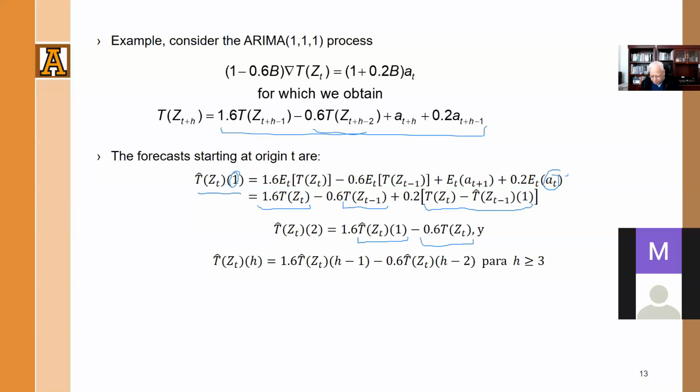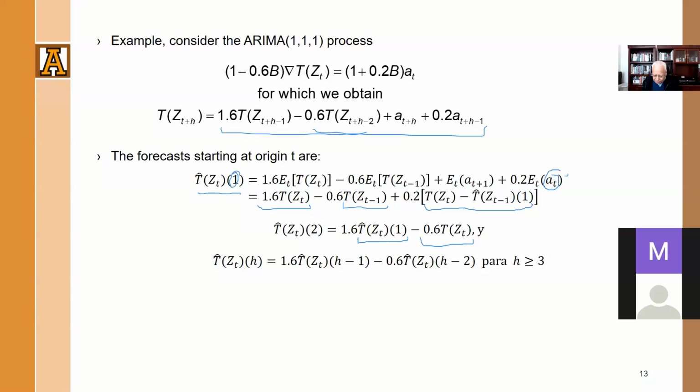And then 0.2 times the expected value of A_{t+2-1}, which is A_{t+1}, that's also in the future, so that's 0. So all I have for period 2 is 1.6 times the optimal forecast one period ahead, minus 0.6 times the actual value Z_t.